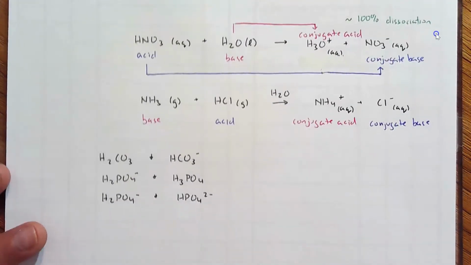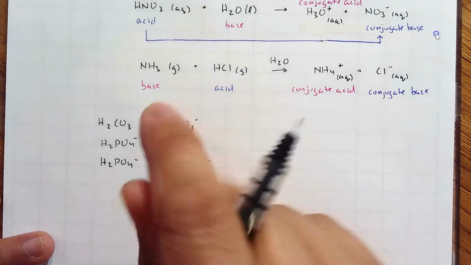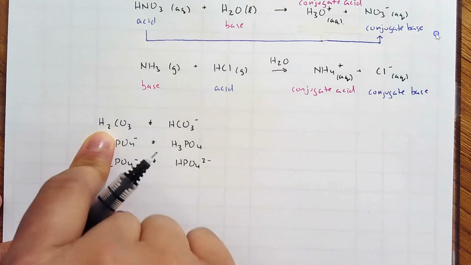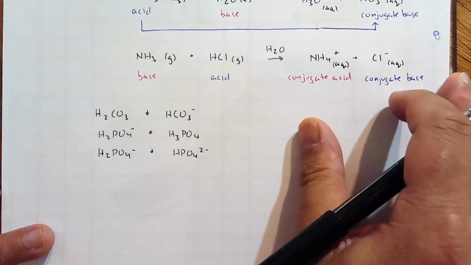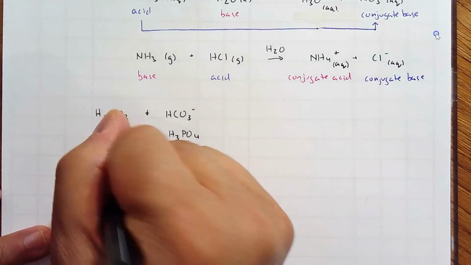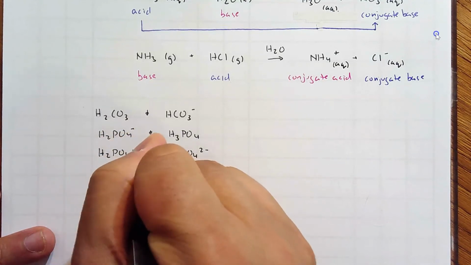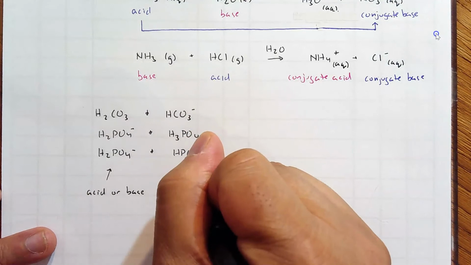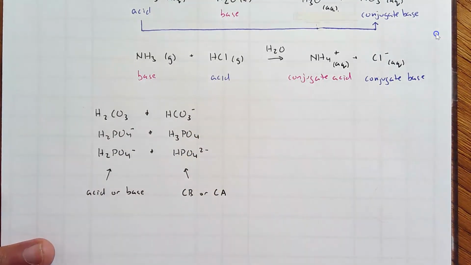So what's going on here? The directions may say label the first compound as acid or base and label the second compound as its conjugate acid or base. So over here, they're asking you acid or base. And for this column, is it the conjugate base or conjugate acid?